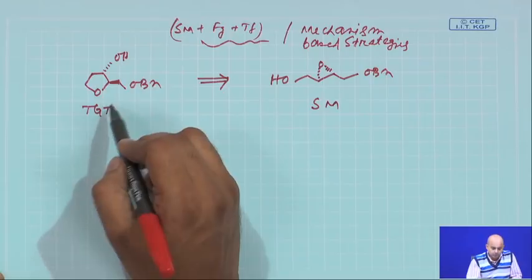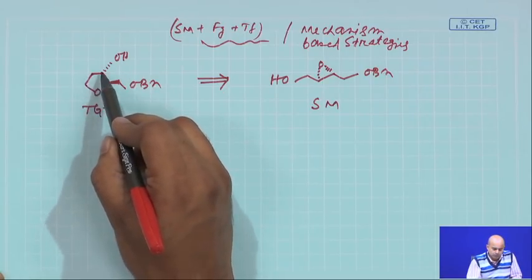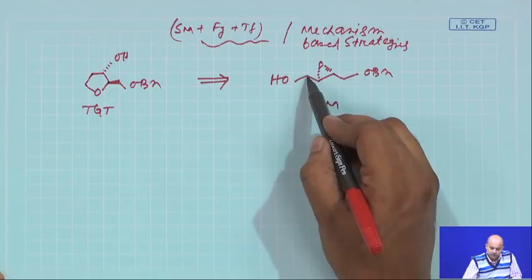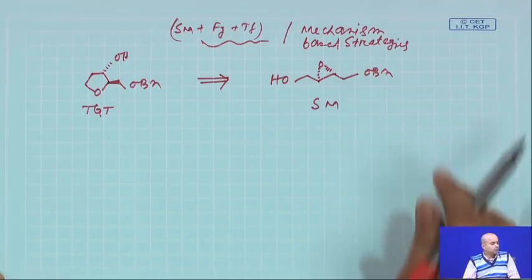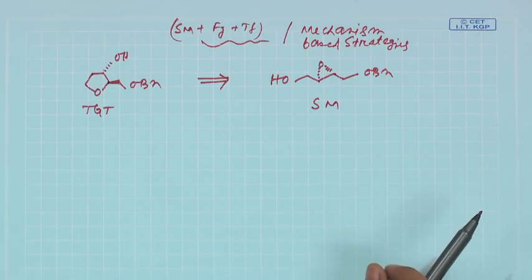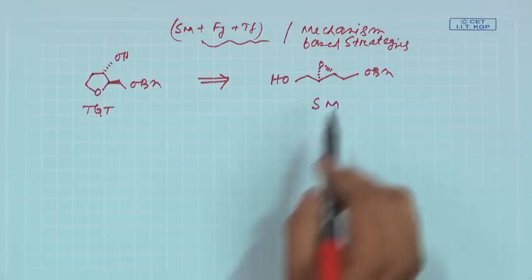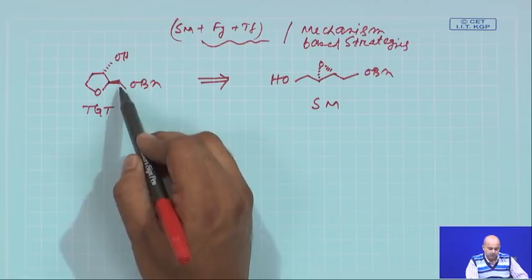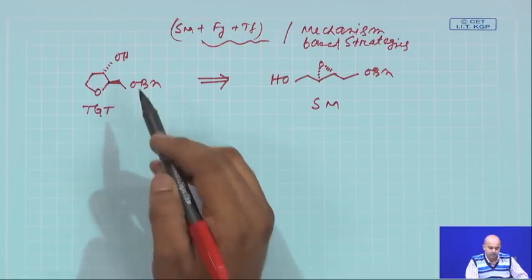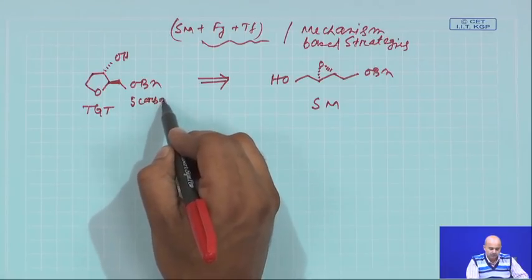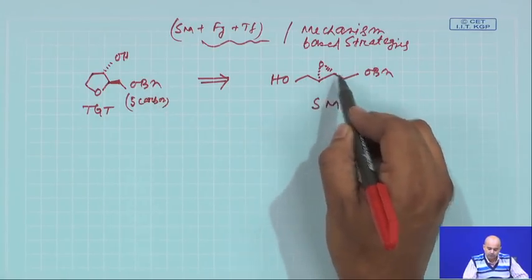Now, try to count the carbon atoms: 1, 2, 3, 4. The 4 is the basic skeleton in this tetrahydrofuran. Here also 1, 2, 3, 4. So, no need to add any extra carbon as is evident from the structure, but if you see the side chain of this tetrahydrofuran, you have one extra carbon, CH2OBn. So, this is basically 5 carbons, and this part is 1, 2, 3, 4.